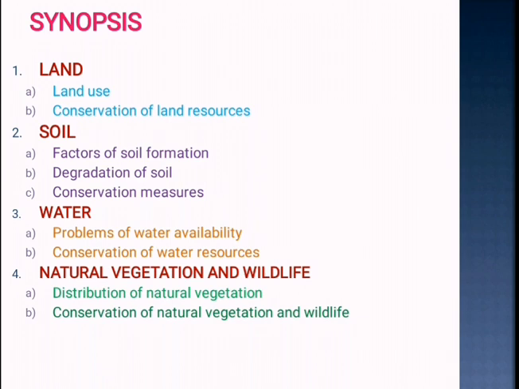Third, water: problems of water availability and conservation of water resources. And at last, natural vegetation and wildlife: distribution of natural vegetation and conservation of natural vegetation and wildlife. In this chapter, we are going to discuss all these things in detail.